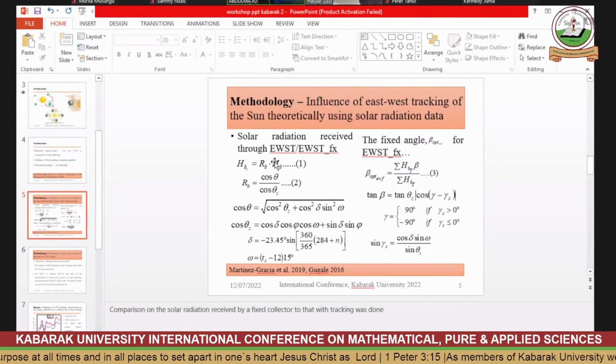RB is obtained from theta and theta Z. So these are the very important components: theta, the angle of incidence of the solar radiation beam, and theta Z, the zenith angle. The equations for cos theta and cos theta Z show how theta and theta Z can be calculated.